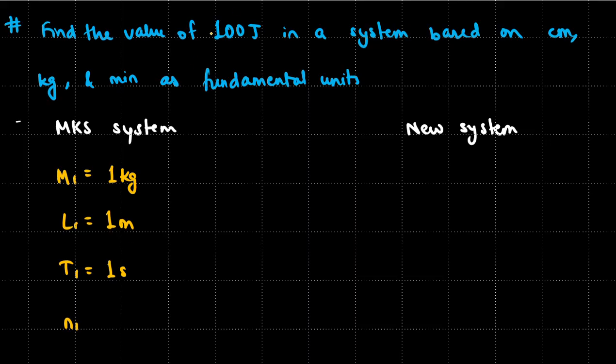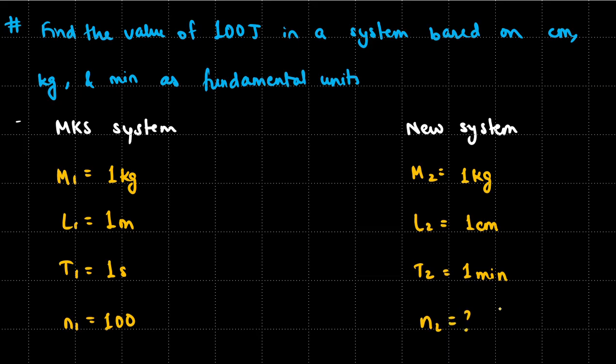Similarly, our n1 is 100. In the new system, mass is represented by a kilogram, length by a centimeter, and time by a minute, and n2 is the number that we have to find.